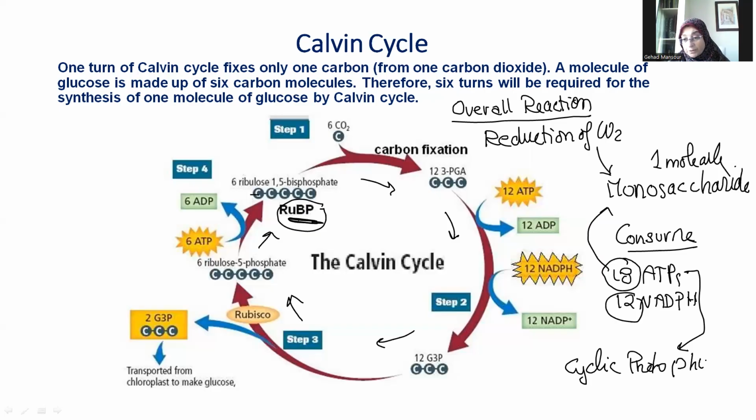What is the process of cyclic photophosphorylation? It is the alternative to linear photophosphorylation that occurs in the light-dependent reaction.